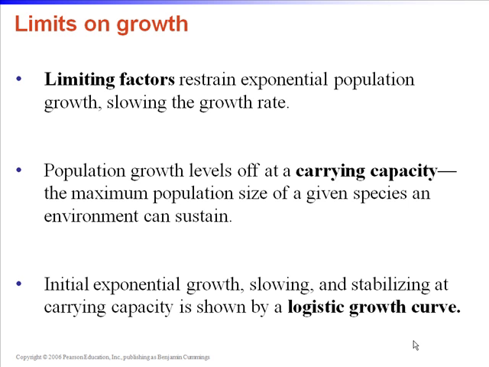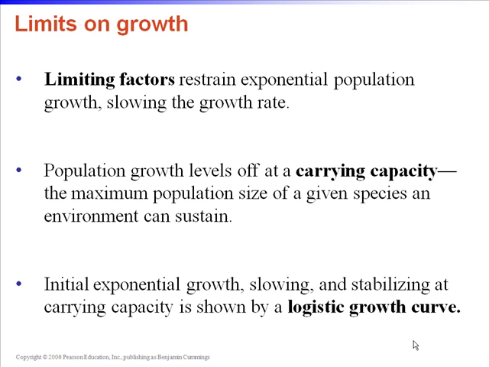Now that'll change over time because environments are constantly changing. Environments are dynamic. So what you have then is initial exponential growth when an organism comes into a new environment. You see that J-shaped curve, and then you have that growth rate start to slow and then start to stabilize at the carrying capacity.